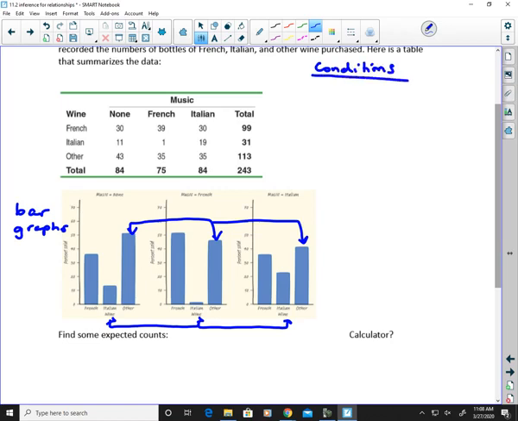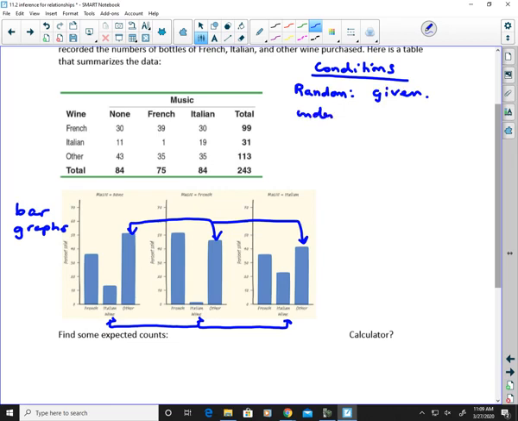We need to know if it was done randomly, and we are not going to overly talk about randomness unless we see a clear violation of randomness, like they only went and did this in stores in Little Italy. Then maybe that would be a problem because it would have bias. So with the randomness, you're really looking for if there was bias, but this was given that they did a random situation.